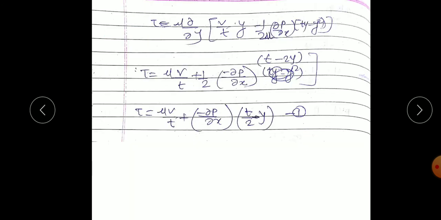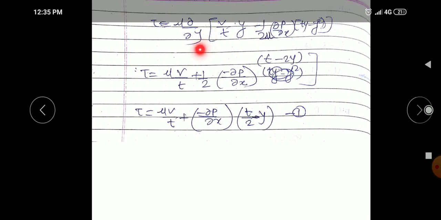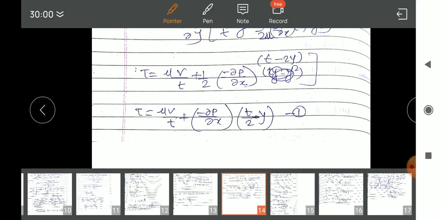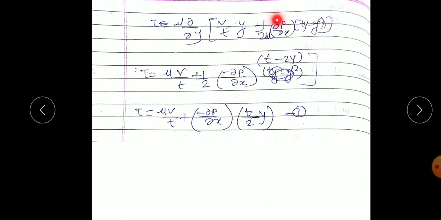So mu d by dy of V by t y minus 1 by 2 mu dp by dx, ty minus y square. Now multiply by this mu, V by t plus 1 by 2 minus dp by dx.